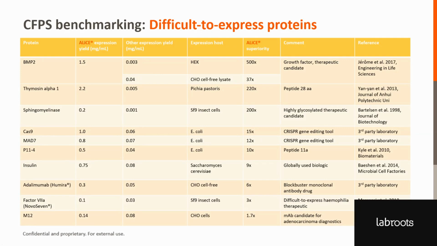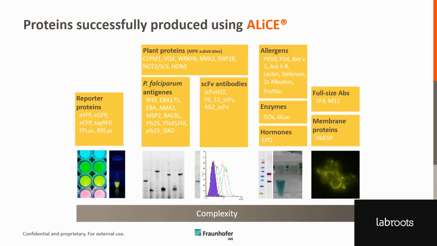Internally, as well as in collaboration with our academic partners at the Fraunhofer IME in Germany, we've expressed all kinds of different proteins, a library that's ever expanding. We also have various ALiCE users out there in the world from the kit system, so this is by no means a complete picture. It runs the gamut from small, simple reference proteins, fluorescent proteins, all the way through to fully formed tetrameric antibodies and membrane proteins.